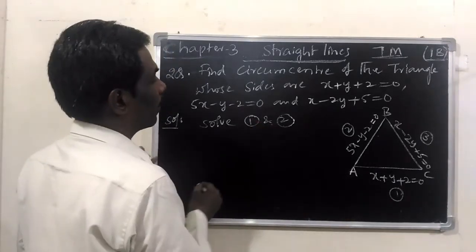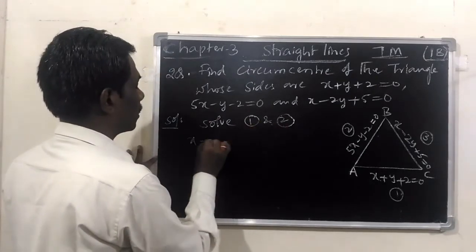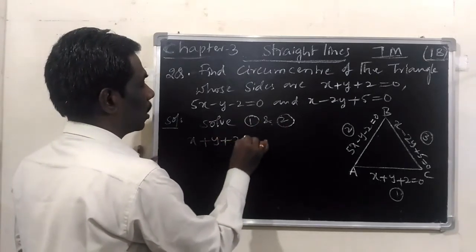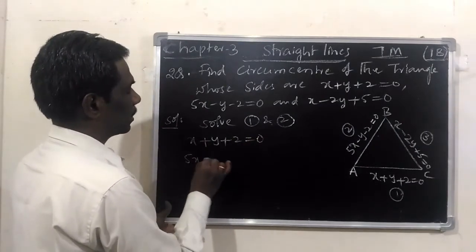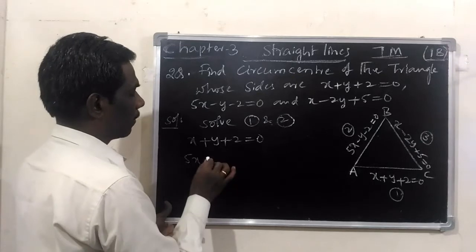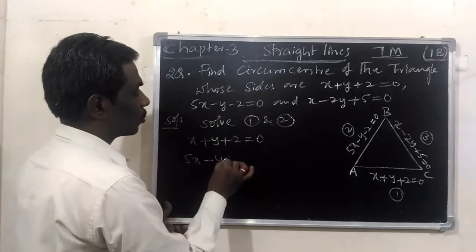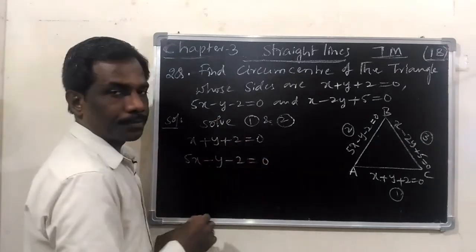The first equation is x plus y plus 2 equal to 0, and the second equation is 5x minus y minus 2 equal to 0.